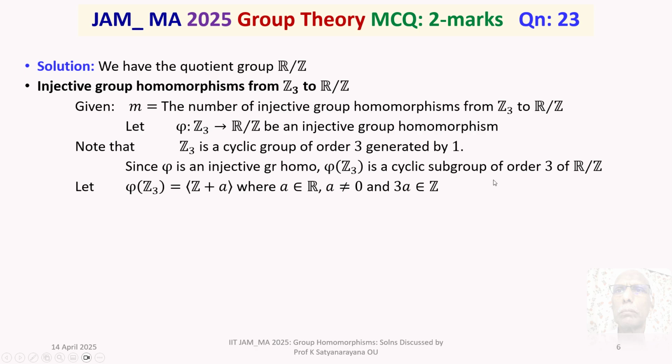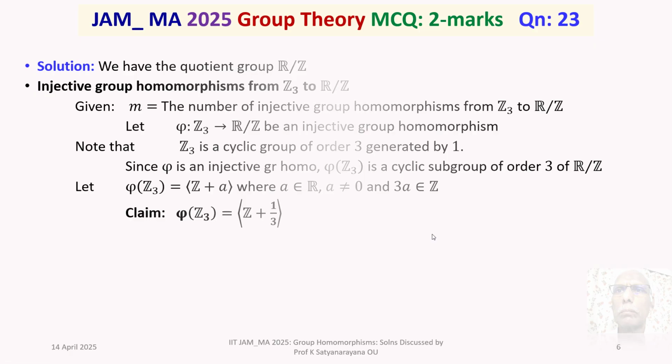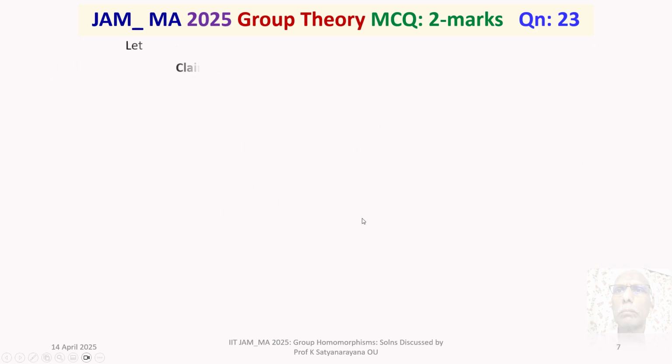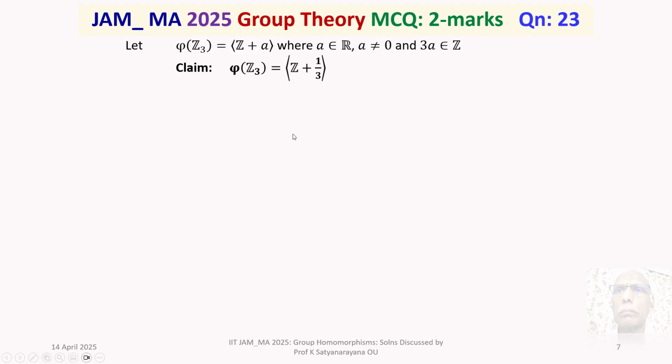Because it should be a cyclic subgroup of order 3. We claim phi of Z3, the image of Z3 in R/Z, is a cyclic subgroup of order 3, and we will show it is the cyclic subgroup generated by Z plus 1/3. We do it in the next slide. That's what our claim is.